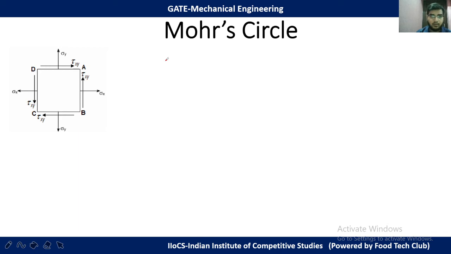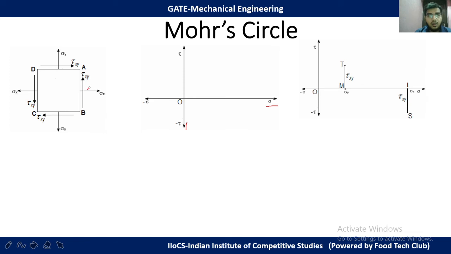By a graphical method. So for a given stress system, how can we construct a Mohr circle? Let's see that. First, we have to draw two axes. One is sigma axis, one is tau axis. Sigma axis will be horizontal, tau axis will be vertical. Okay, now here first we have to plot 2 points.